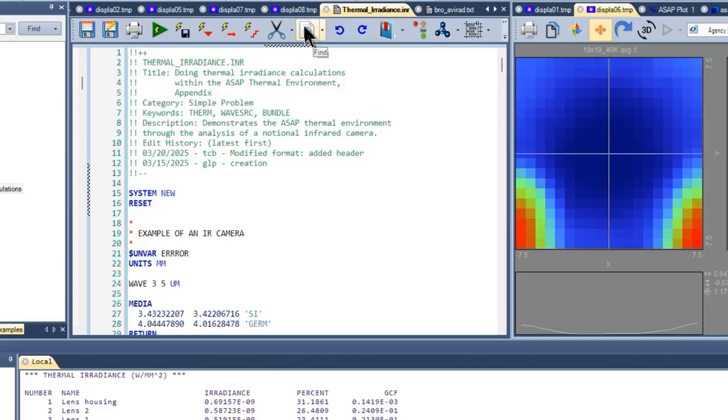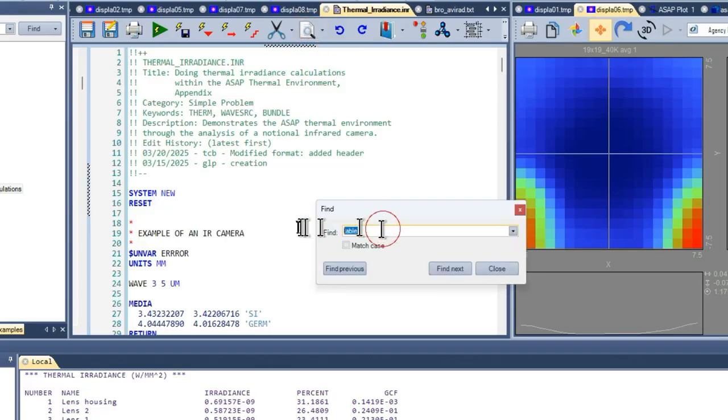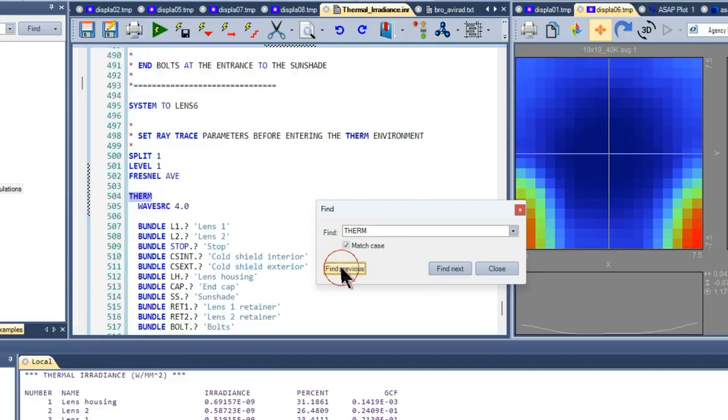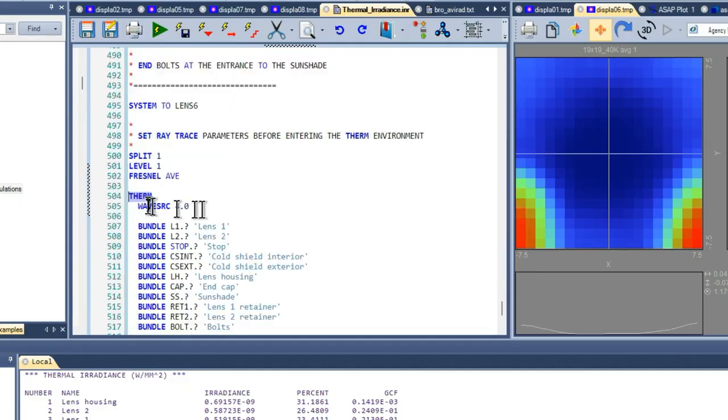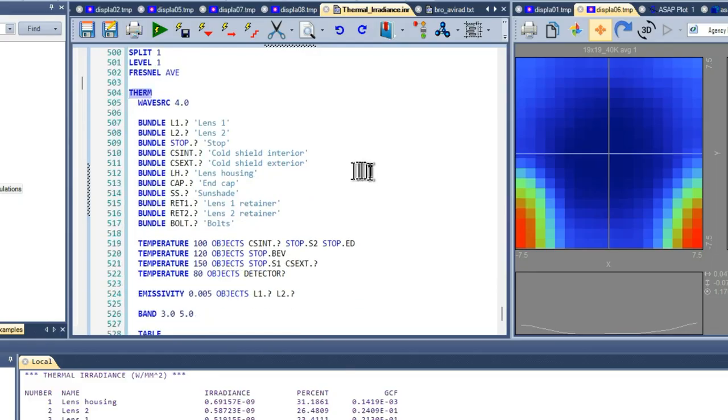And a quick way to find that would be to just look for the therm keyword from the top of the script and do a match case find previous, and it will wrap around to the bottom and find the therm keyword. The therm keyword opens the thermal irradiance mode or context where unique thermal irradiance commands are used.